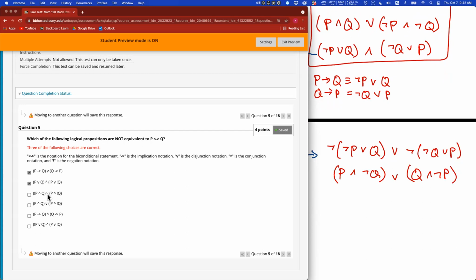So there's only two statements that's false. It might not be easy to see the third one is also true.